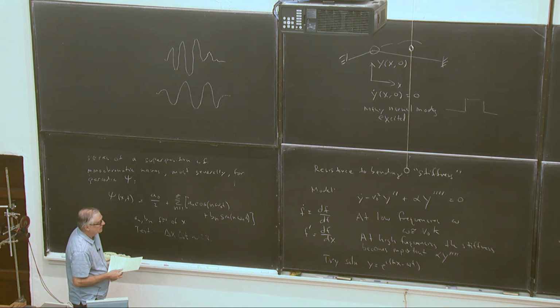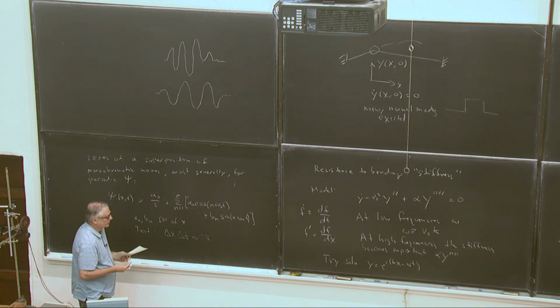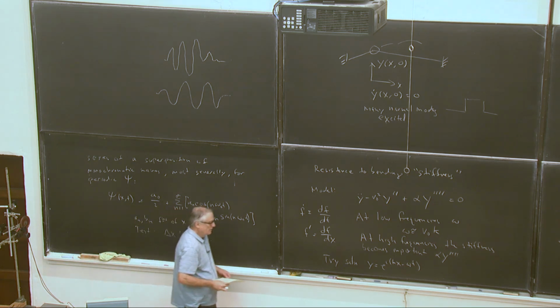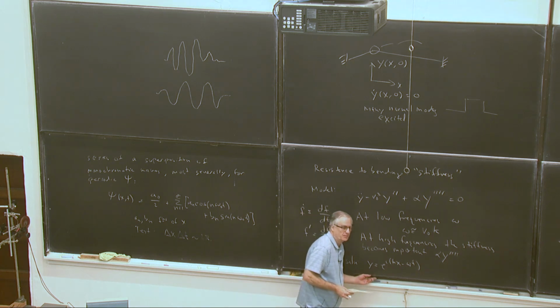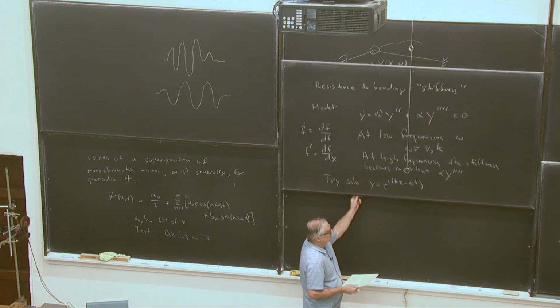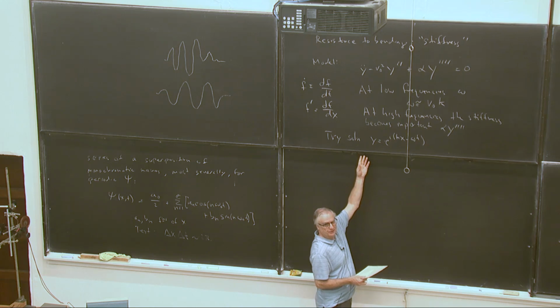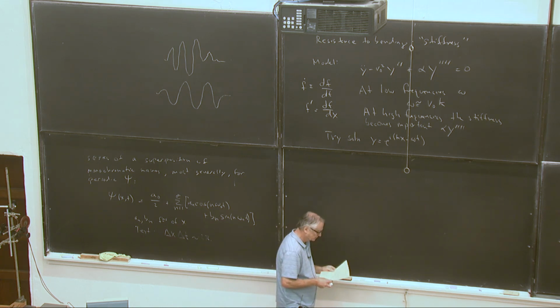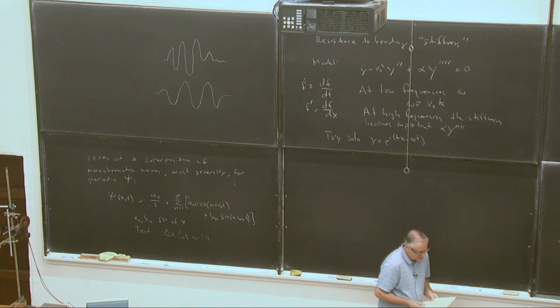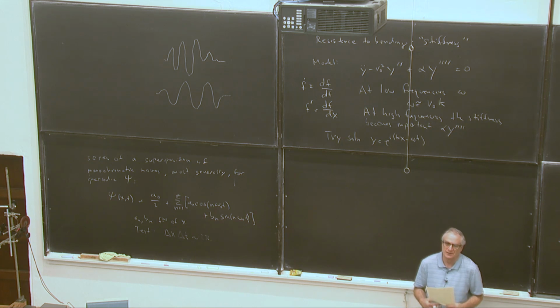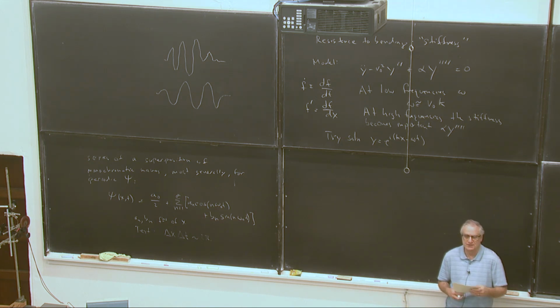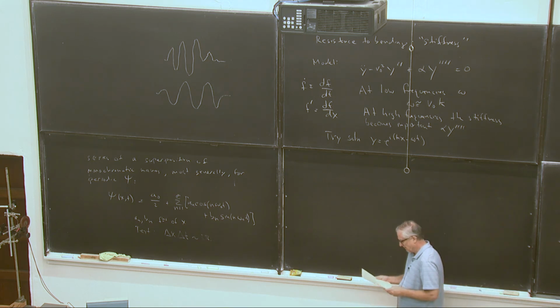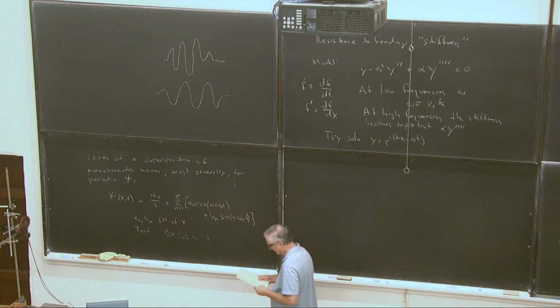I want to show you that you can actually derive what the real condition is, and it's an important condition. It's a feature of waves that permeates many, many things. It's going to get a little mathematical, but it's important mathematics anyway, so I don't feel too bad about it.